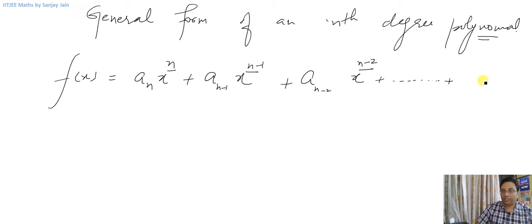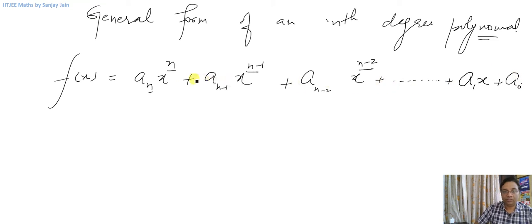But before that, the second last term will be a1x, and the last term will be a naught. And we can write x raised to power 0 here, or x raised to power 0 is 1.